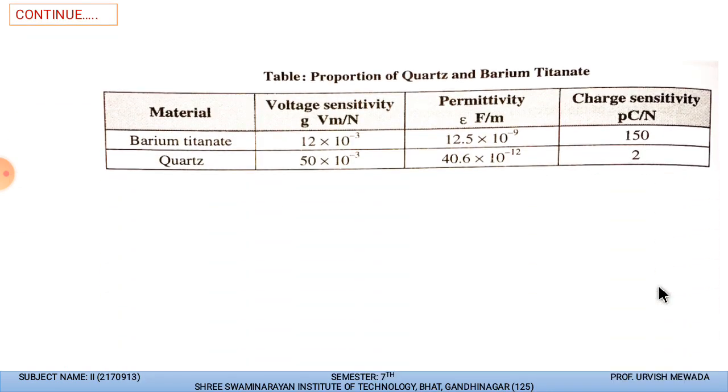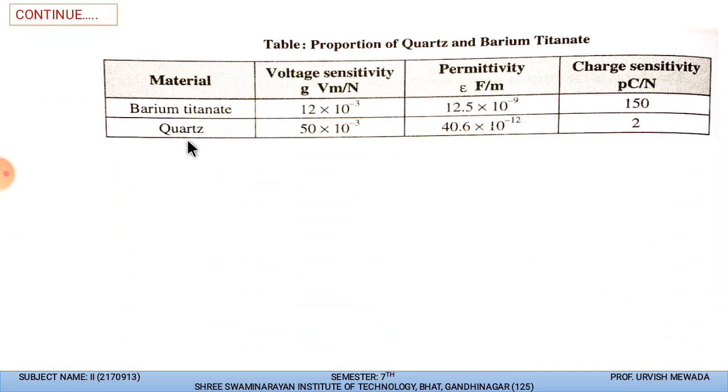According to the sensitivity offered by the material, or as per our requirement, we can use different types of material. Generally we use barium titanate and quartz for the piezoelectric device. This is the standard voltage sensitivity, permittivity and charge sensitivity given for the particular material.